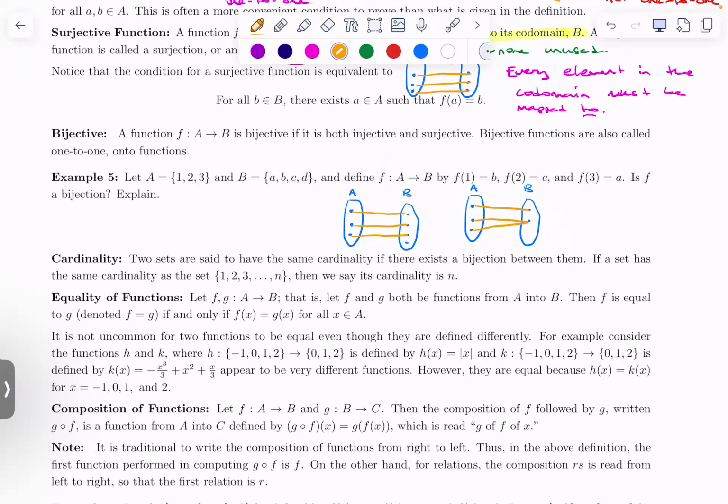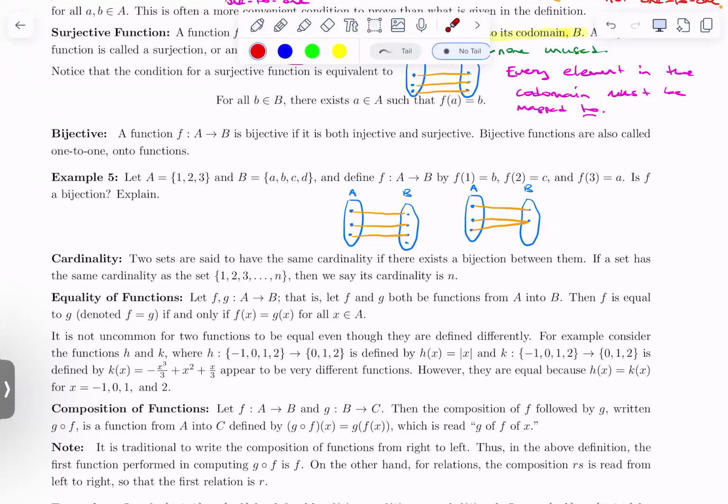Not one-to-one. It is a function, right? So it is a function because every element in A is being used and every element in A goes to only one element in B. Okay, so this is the trickiest one to get a handle on.